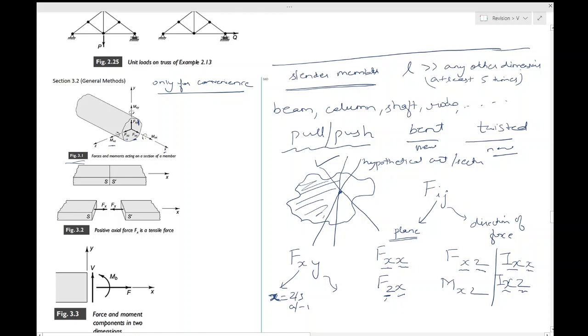So this is one notation which you should consider, and it's always positive if outward normal is there. Okay, so these are all positive. I mean, this is a positive number. Okay, so there are names to this.